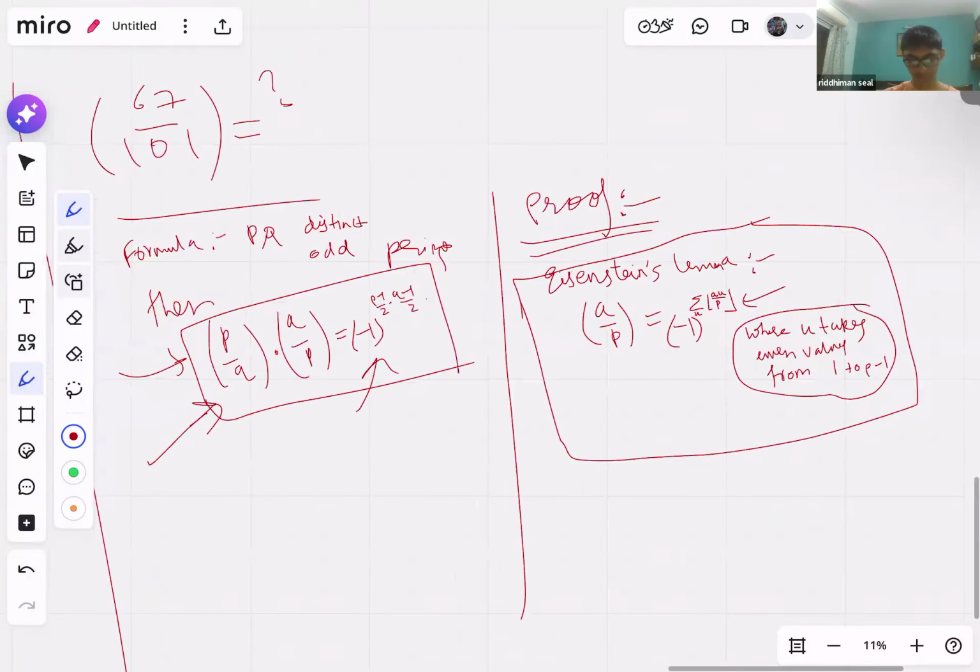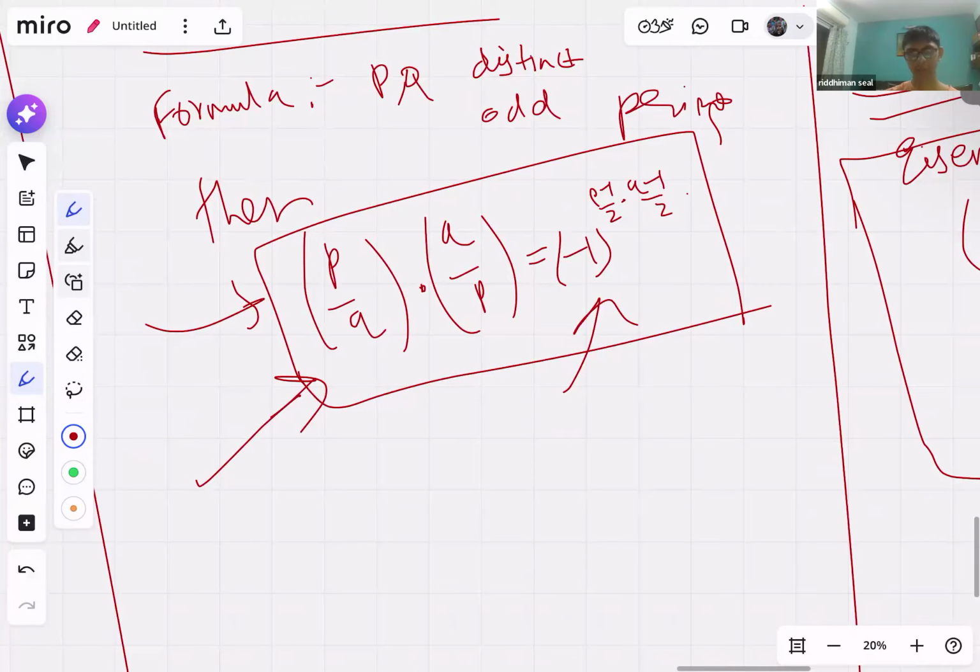Oh, are you trying to prove this directly? Because that won't really work. This is mod q and this part is mod p, and they're just different.